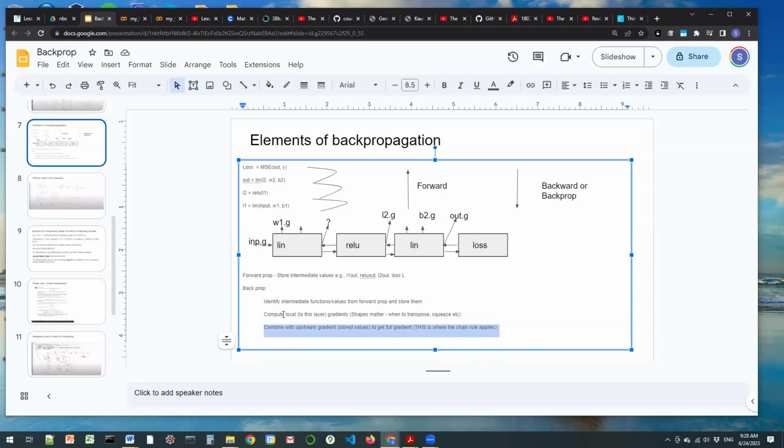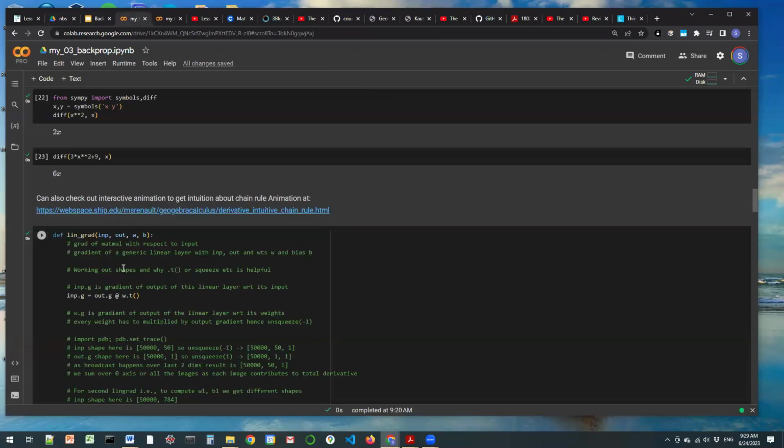We'll obviously have to compute the local gradients and then combine them with the upstream gradient. So we are doing these two things, assuming we have access to this. Why do I say that? Remember, INP is L2, out is out, W is W2, B is B2 for the second linear layer.